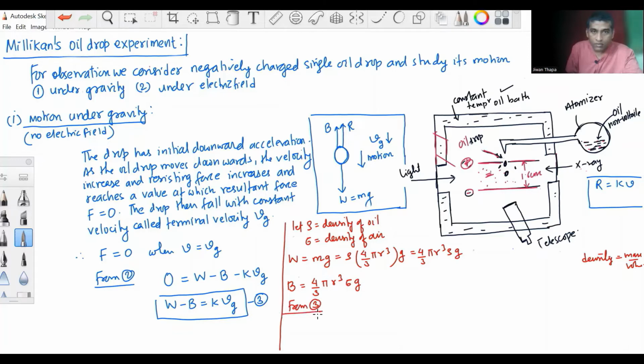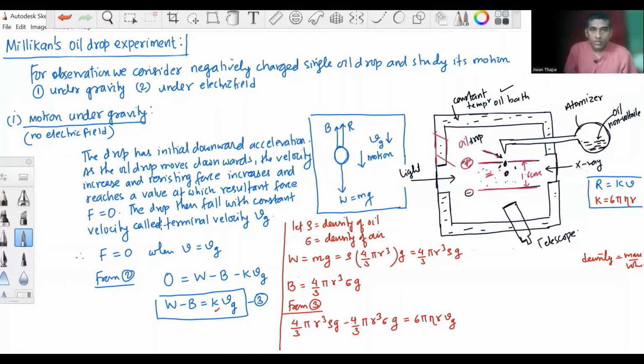Therefore, from 3 we can write 4/3 pi r power 3 rho g minus 4/3 pi r cube sigma times g equals K, and we know K is 6 pi eta r. This is in accordance with Stokes. So K is 6 pi eta r, and we have Vz.